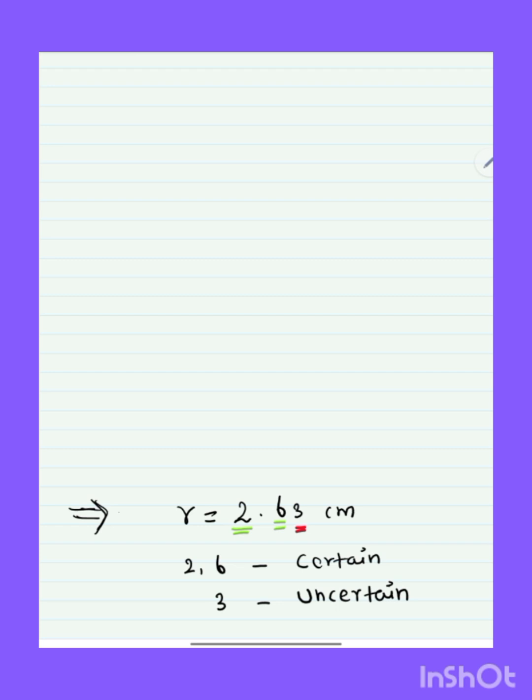So 2 and 6 are reliable and the 3 is unreliable. Representing a number with a combination of reliable and unreliable digits gives significant digits, and the radius of the circle here has 3 significant digits.